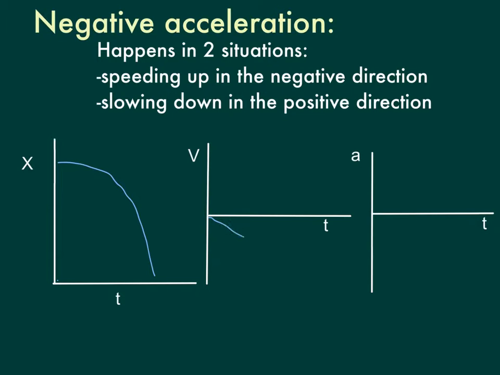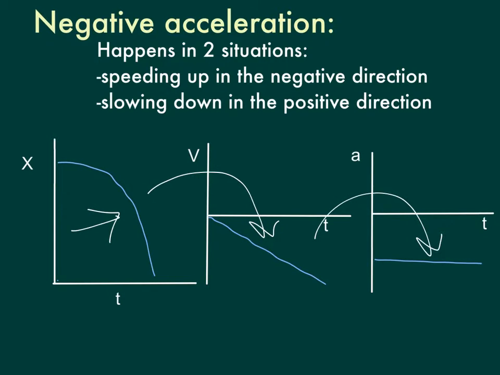The velocity time graph would look like this, and the acceleration time graph would look like this. Remember that these motions all relate. The slope of this line gives you the velocity, and the slope of the velocity line gives you the acceleration.